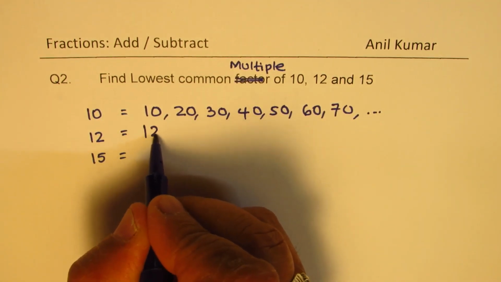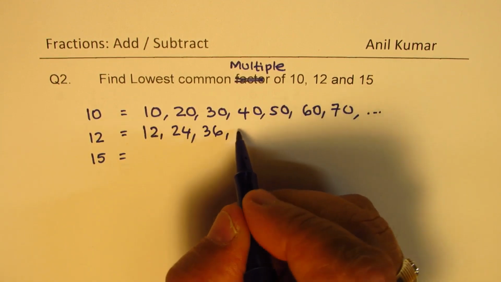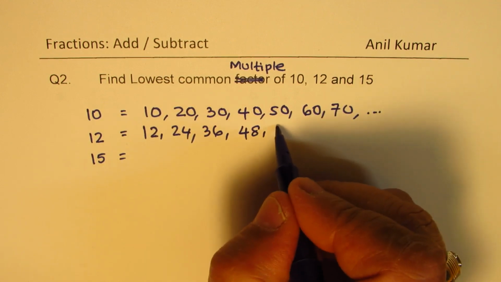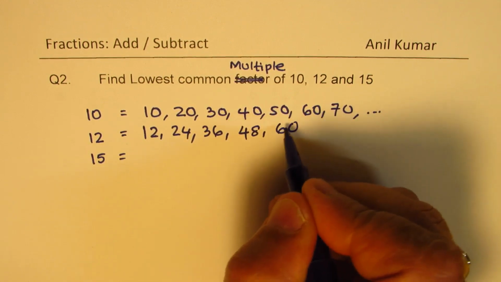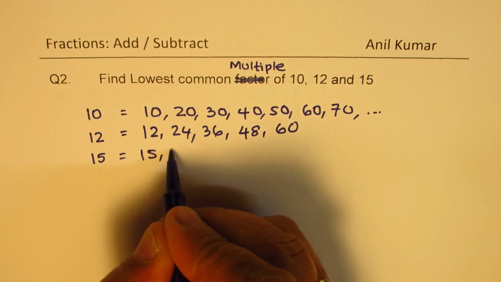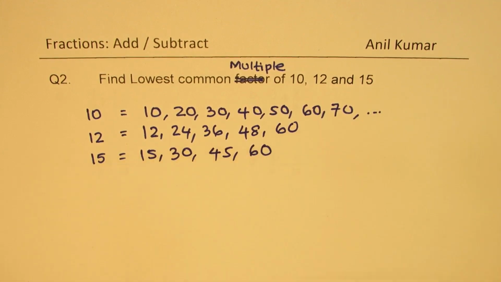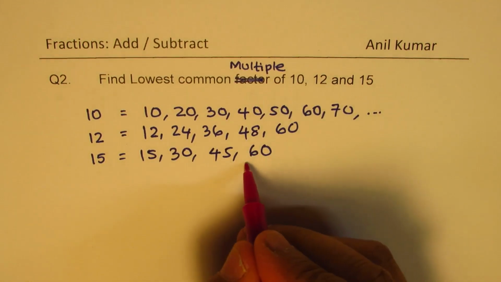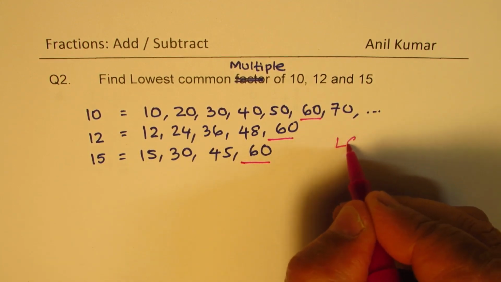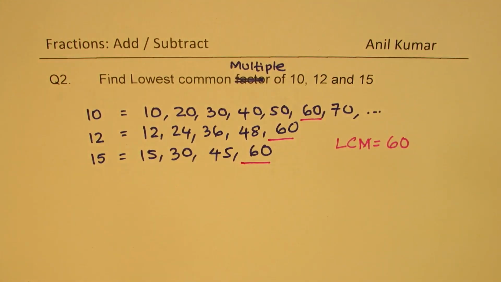Multiples of 12 are 12, 24, 36, 48, and then we get 60. So you say 60 and 60 is common, so we are going to stop here. Multiples of 15 are 15, 30, 45, and then 60. So what you notice here is that 60 is their lowest common multiple. So we'll say that the LCM is equal to 60, correct?